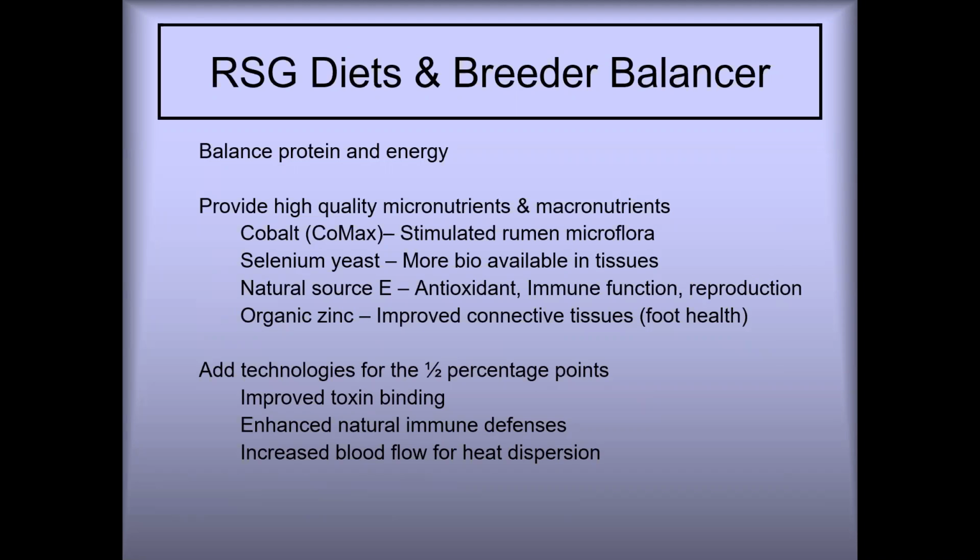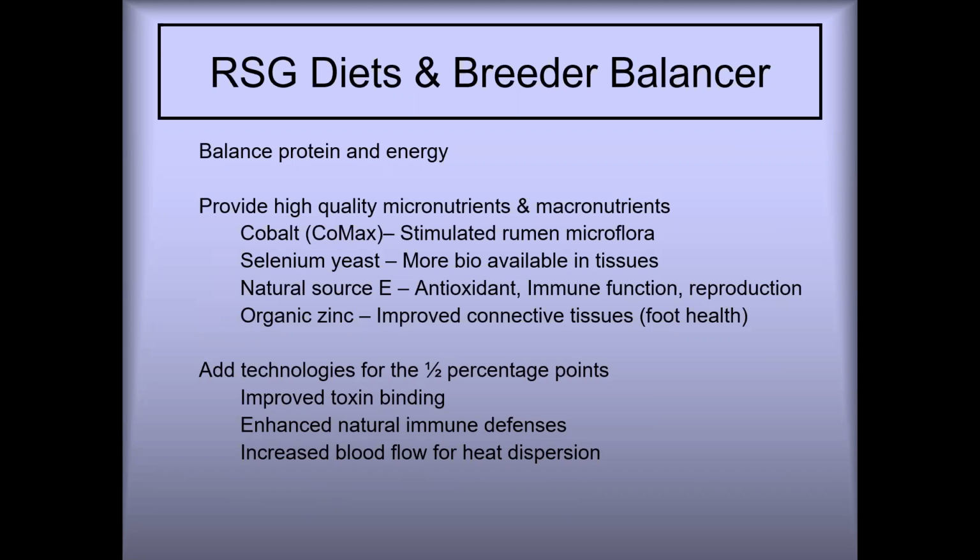Natural source E also is going to be a great antioxidant, boost the immune system, and benefit the reproductive system. And then the organic zinc is also very beneficial in all the different bodily functions, as well as connective tissue development and health, which would draw us back to foot health issues that we commonly see in small ruminants. So those are just 4 of the quick key micronutrients that we want you to be aware of.